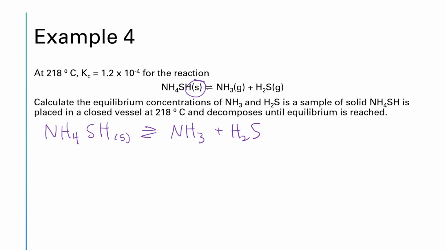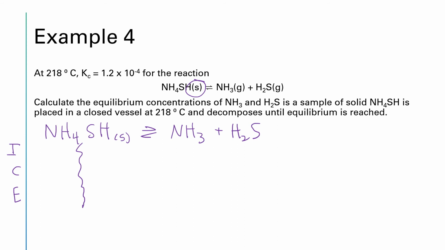Now, because that reactant is a solid, I don't need to waste any time coming up with values for it because it's not going to appear in my equilibrium constant. Now, the problem tells us that a sample of solid NH4SH is placed in a closed vessel and decomposes until equilibrium is reached. So initially, we only have NH4SH.